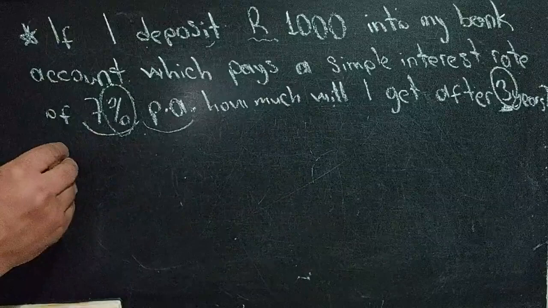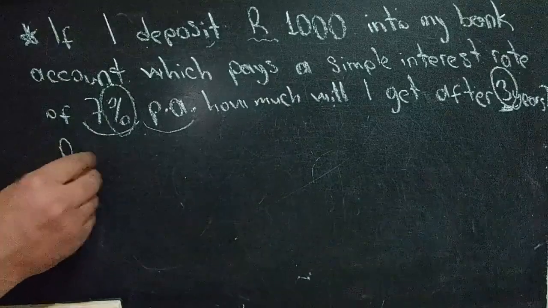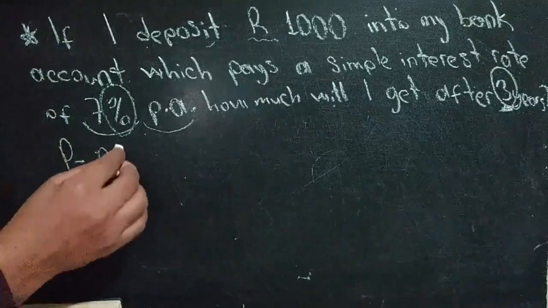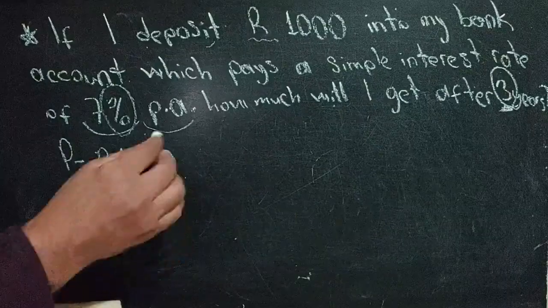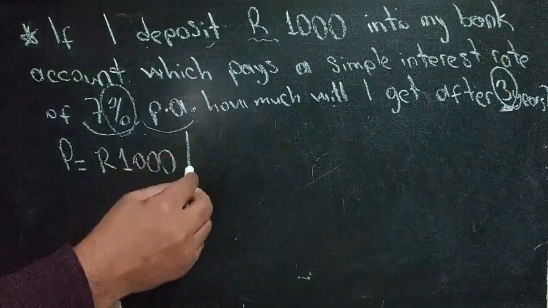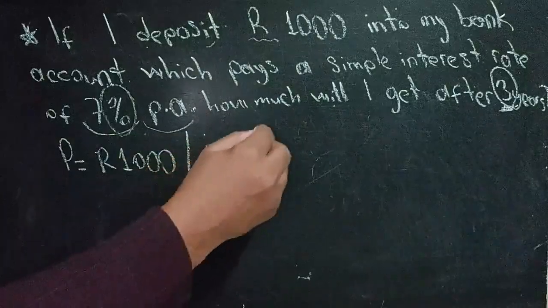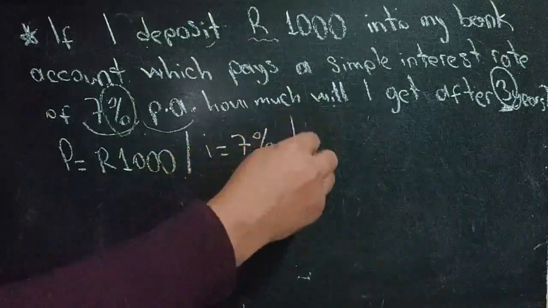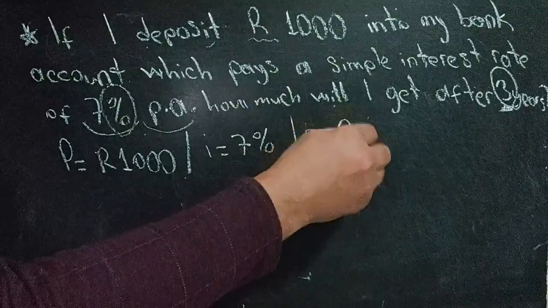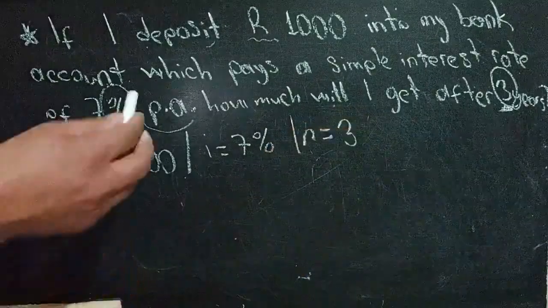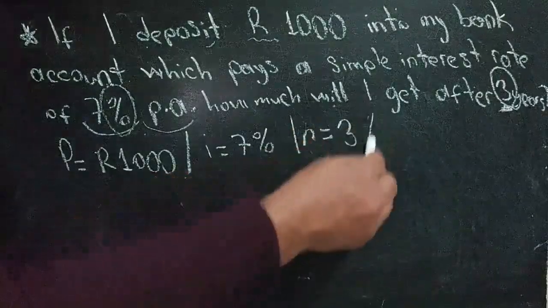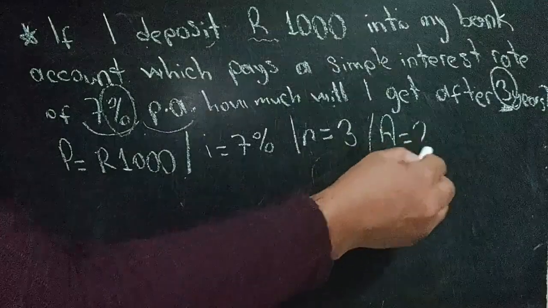Now in my question, what is given? The previous amount is given, which is 1000 rand, the interest rate is given, which is 7%, and the number of years is given, which is 3 years. So the question is asking for A from the formula.